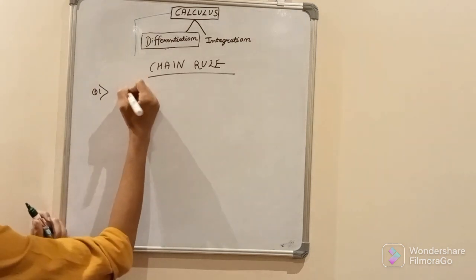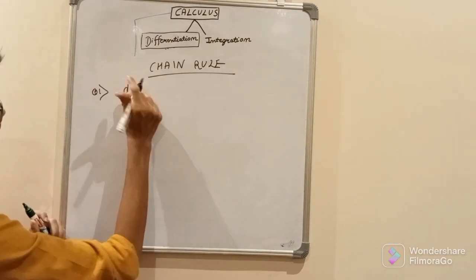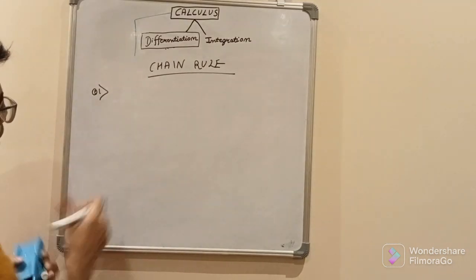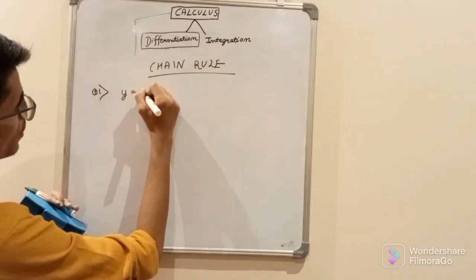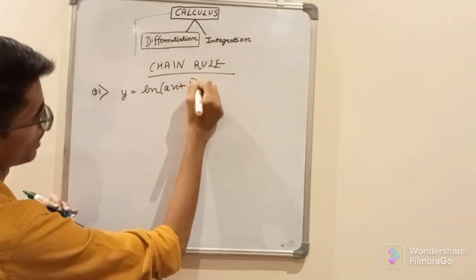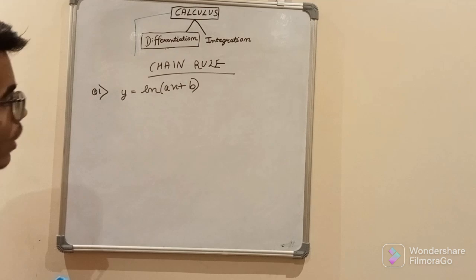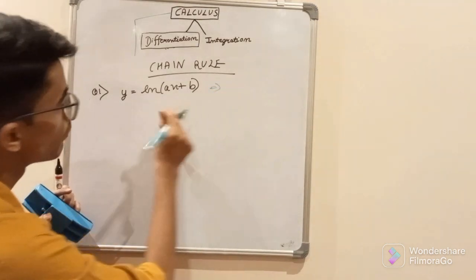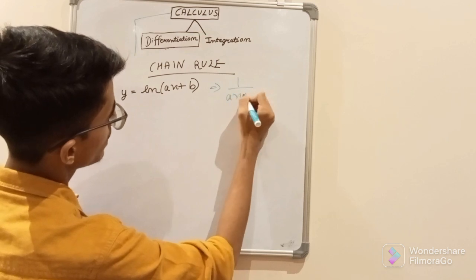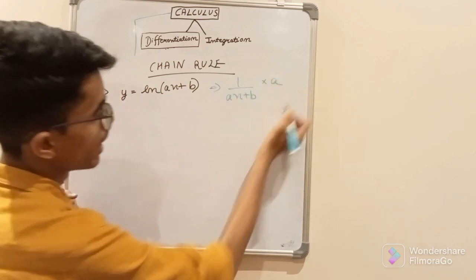Let's start with a question. Let's say y is equal to ln ax plus b. Now, we all know the mathematical formula to answer this is 1 upon ax plus b multiplied by a.